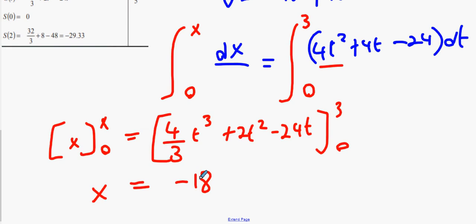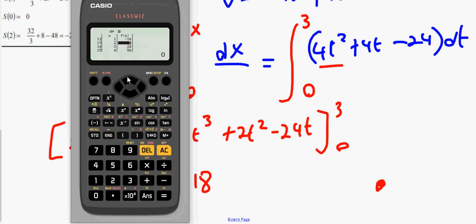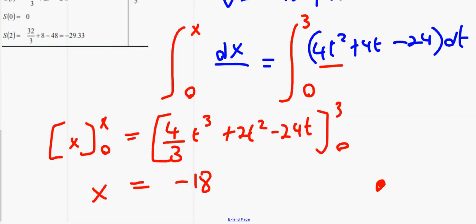It's behind where it started. If we look at our numbers again, if you look at your starting point, at the very beginning you're going minus 24, so you're going left.